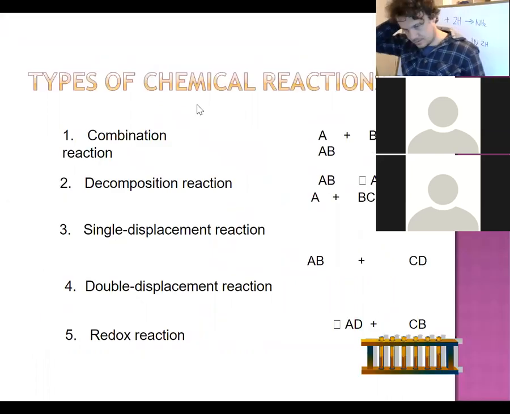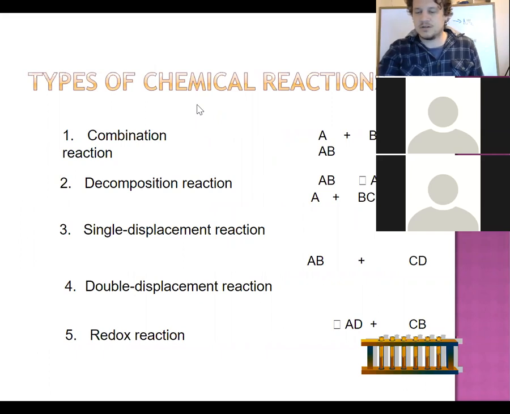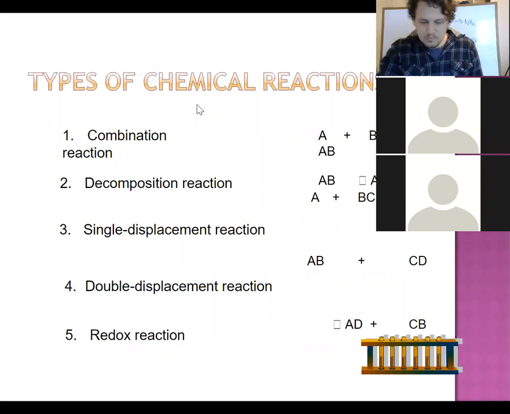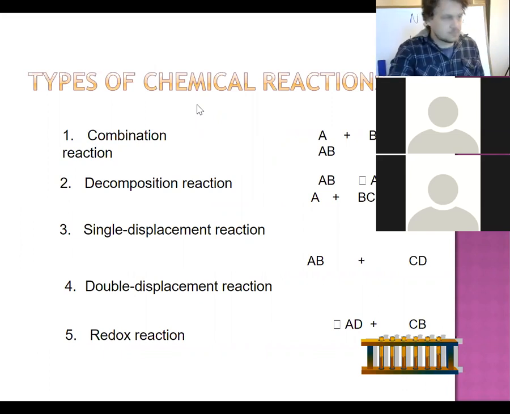So write me the balanced equation for creating table salt. It's the other tutorial question. It's basically what that slide was.